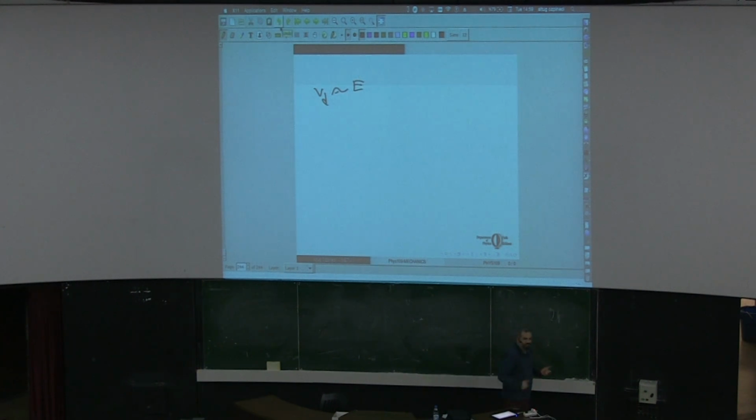Now you see the force is proportional to the electric field, and the force is proportional to the acceleration. It should be the acceleration proportional to the electric field. But rather than the acceleration in this case, since we're just doing this random motion back and forth, the drift velocity itself turns out to be proportional to the electric field. You can imagine this as a kind of terminal velocity.